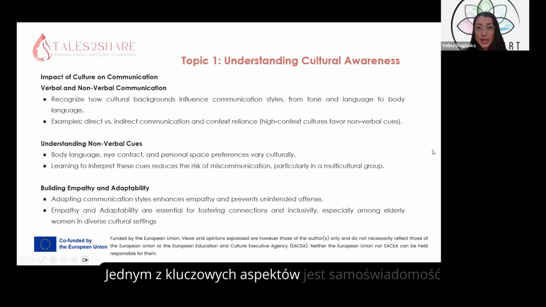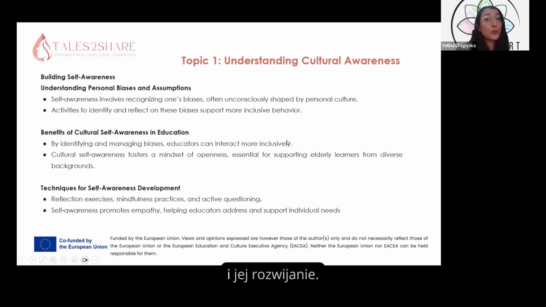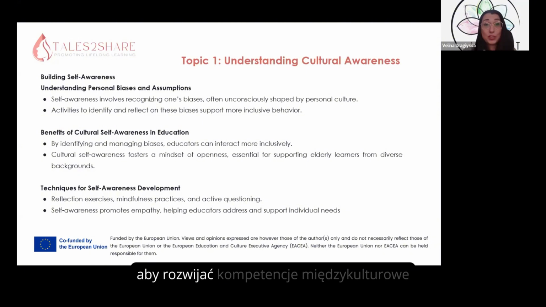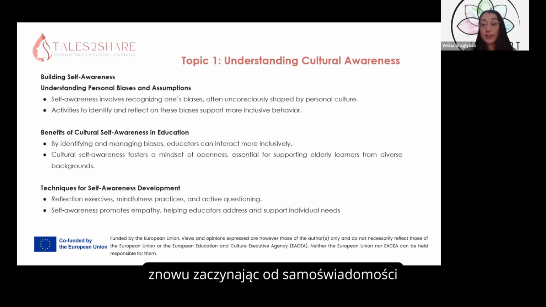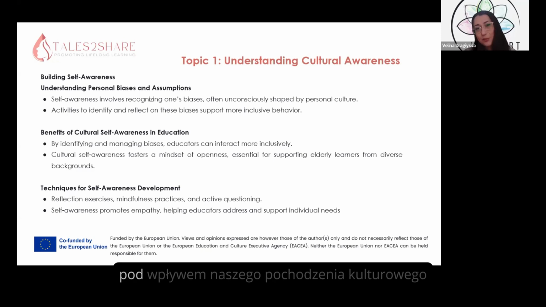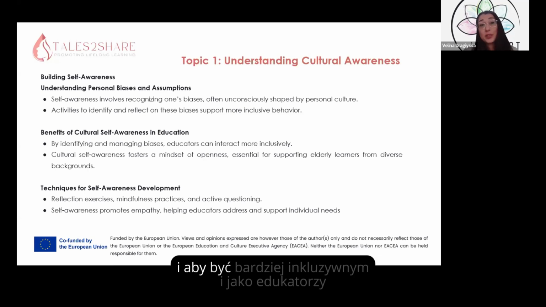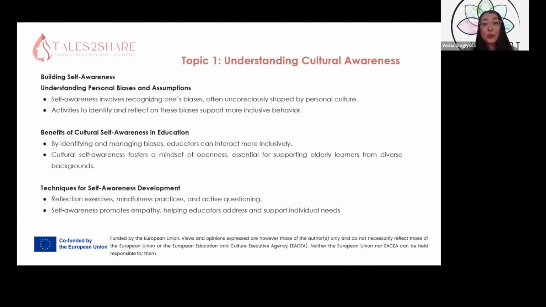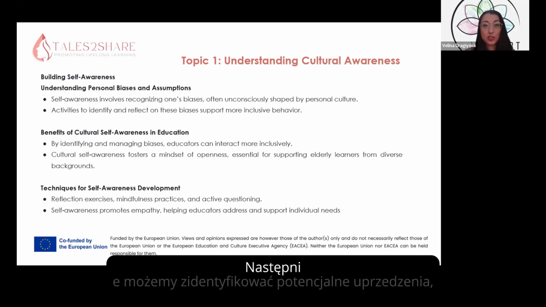One very key aspect is building self-awareness. It all starts from there. So to develop intercultural competence, again, we start with self-awareness, understanding our own biases and assumptions. We all have unconscious biases influenced by our cultural background and our experience. In order to be more inclusive as educators, we can first reflect on our own cultural perspectives and assumptions.